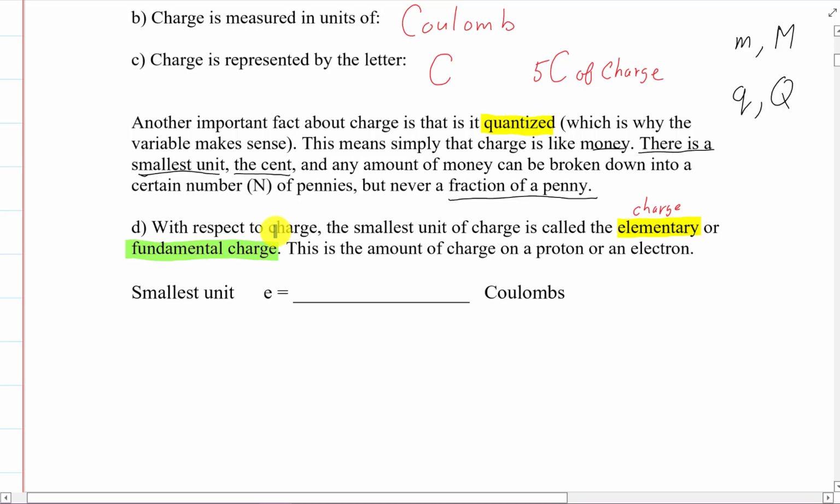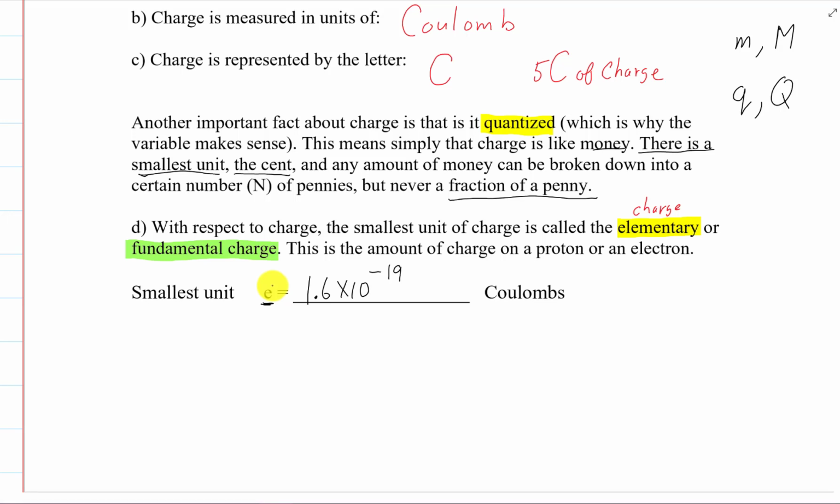And this is the charge that is on a proton and on the electron. And that value is 1.6 times 10 to the negative 19th coulombs. And it's given a little symbol, e, for elementary charge.